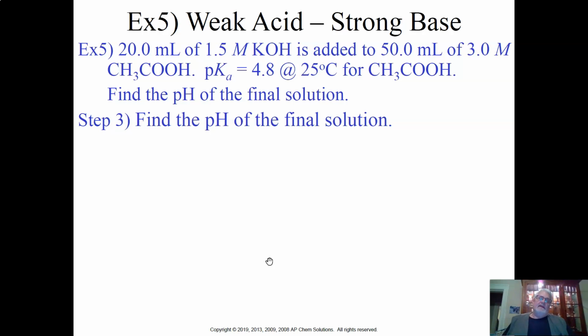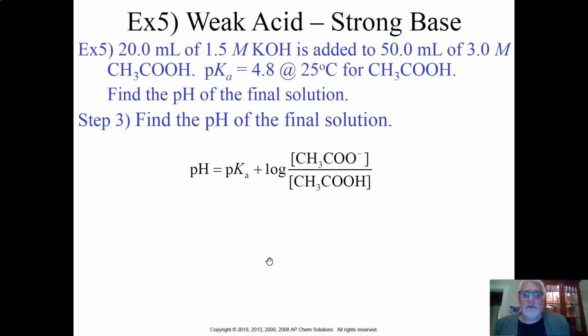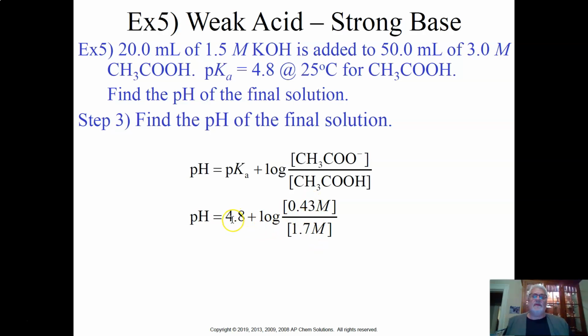So find the pH of the final solution. Well, you got to use the Henderson-Hasselbalch equation. pH equals pKa plus the log of the acetate over the acetic acid. So those values we just gave you, the pKa was given to us as well.